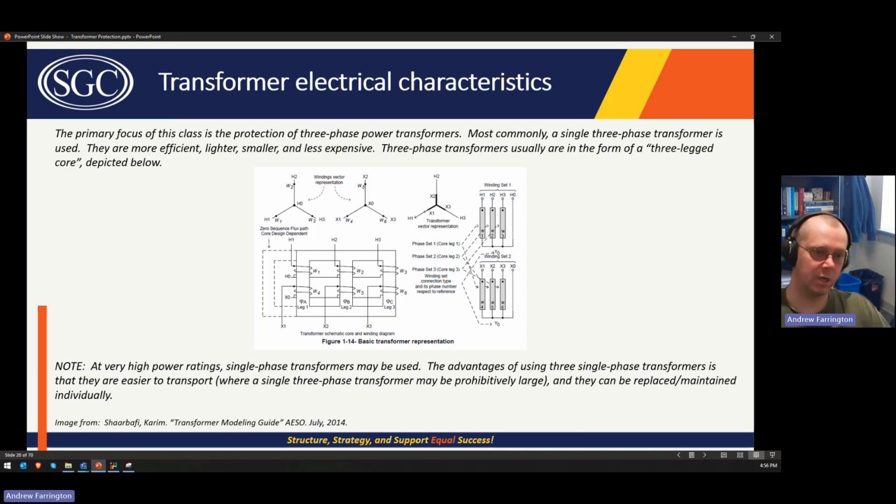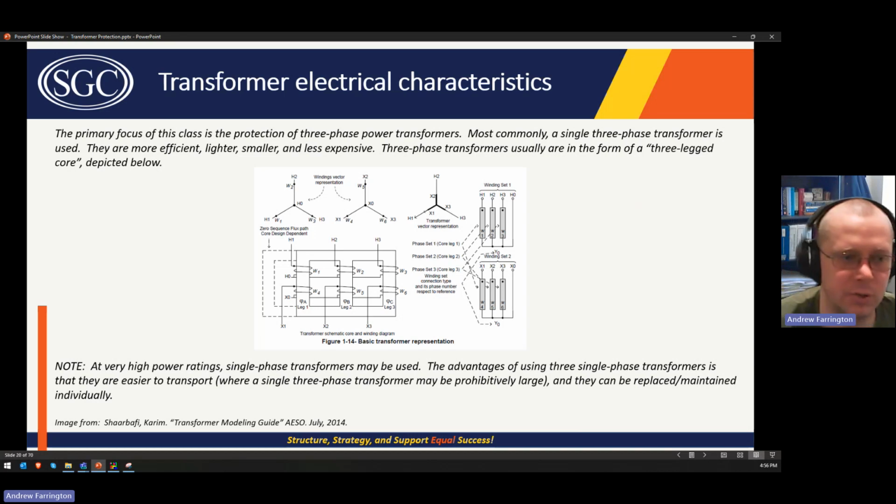You can bring in that other single phase transformer and replace the one that's missing, and then you can start transmitting power again. Or maybe you have to take one out for maintenance. You can maintain them one at a time without very prolonged outages for the transformer. So those are the two big reasons why you might see those in large power transmission applications.